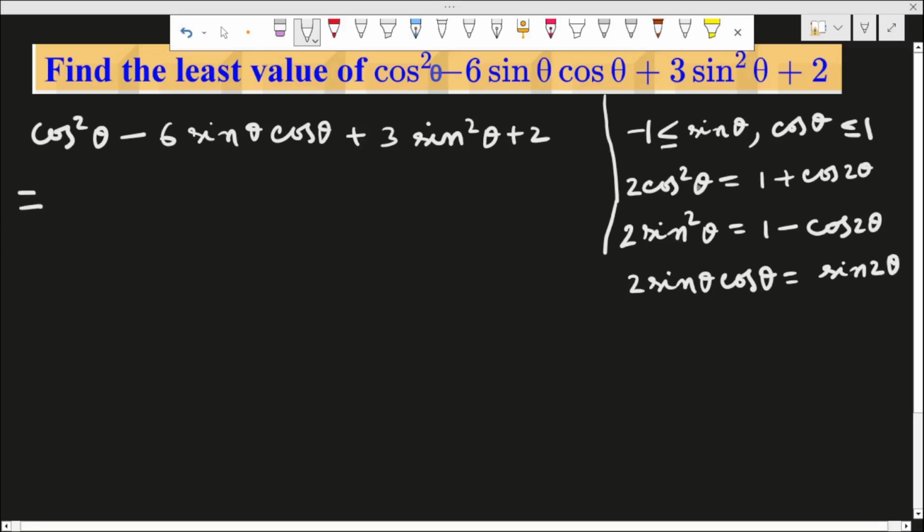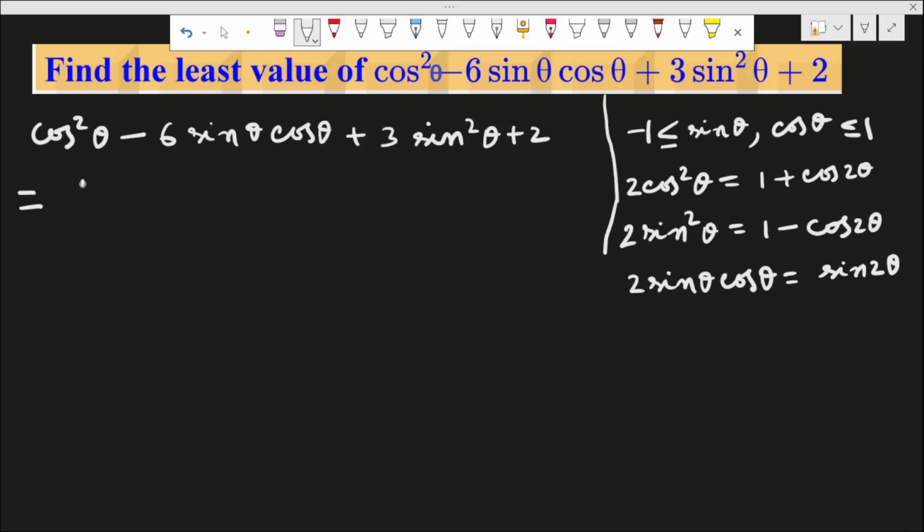Here you can write cos square theta is equal to 1 plus cos 2 theta by 2. 6 we can break into 2 factors, 3 into 2, 2 sin theta cos theta, sin 2 theta. Finally, plus 3 sin square theta.